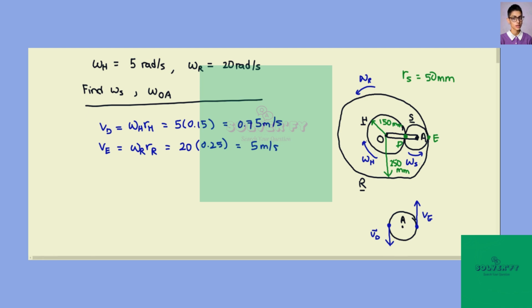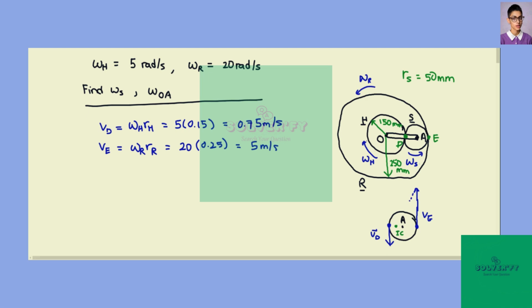So the instantaneous center of velocity will be somewhere here. VE is kind of like this, and it's longer.